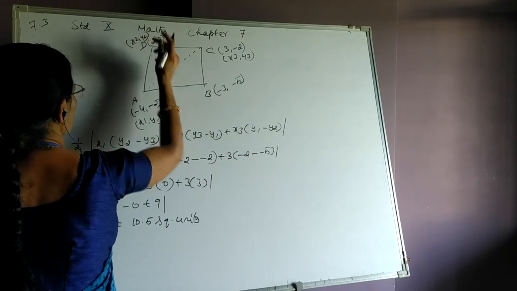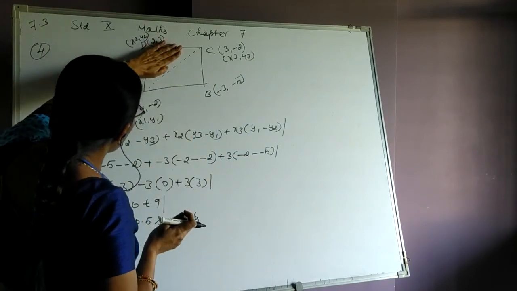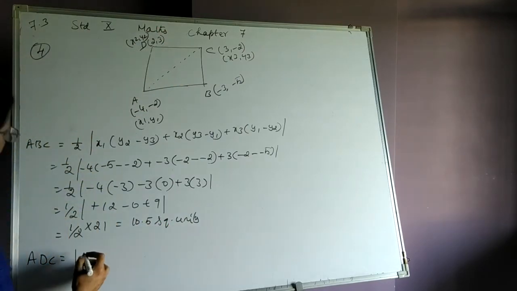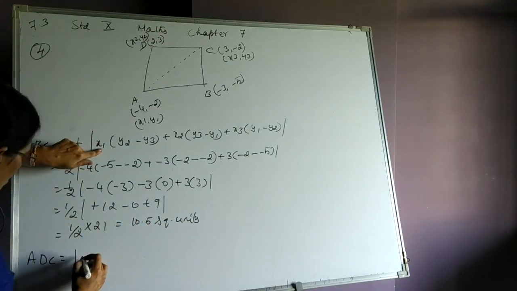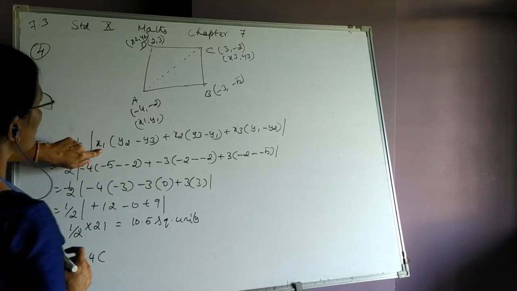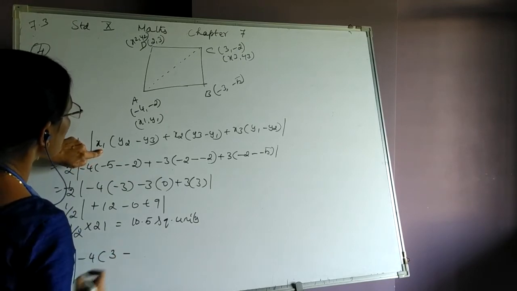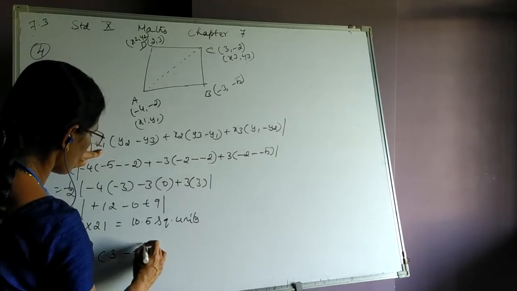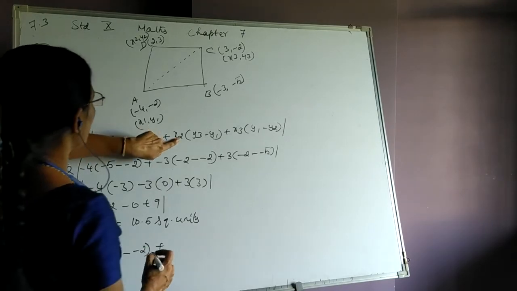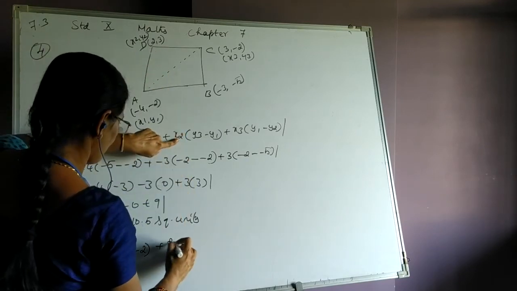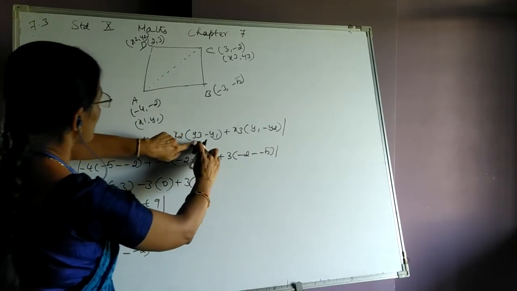Minus 12 plus 9 becomes minus 3. So here we'll get 21. Half of 21 becomes 10.5 square units.